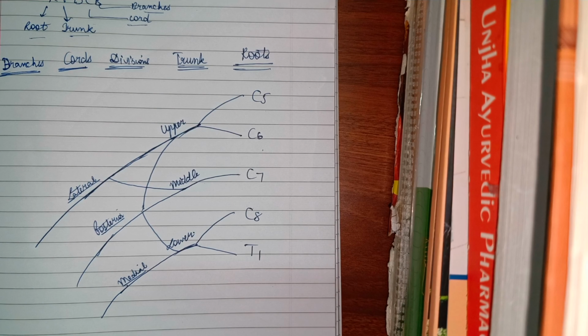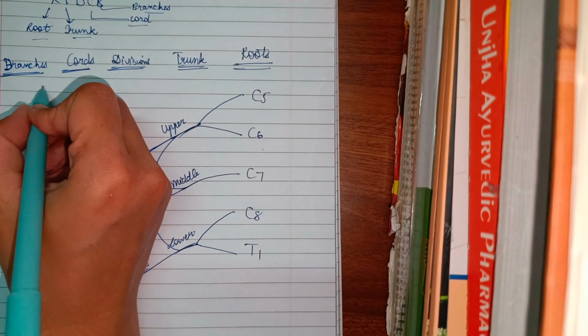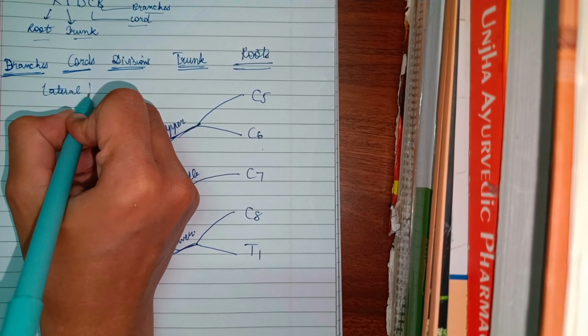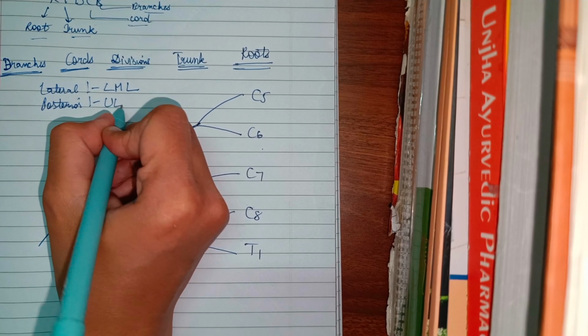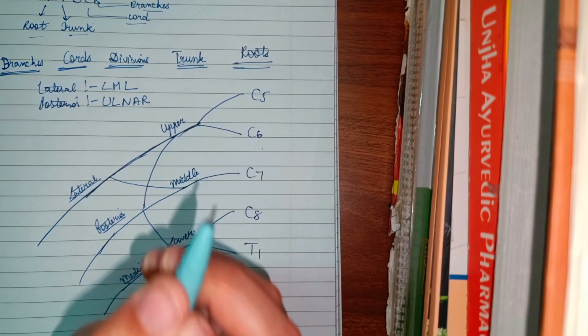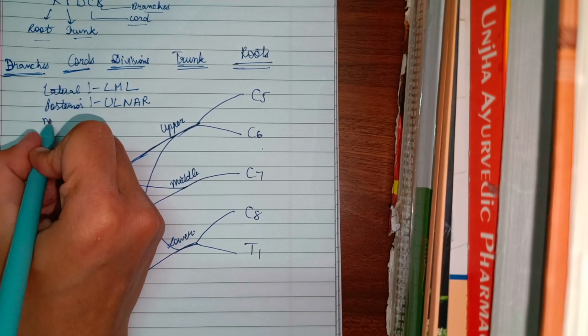To learn branches, we have a mnemonic: from lateral cord you have to remember LML. From posterior cord, you have to remember the word ULNAR. And from medial cord, you have to remember the word 4MU.